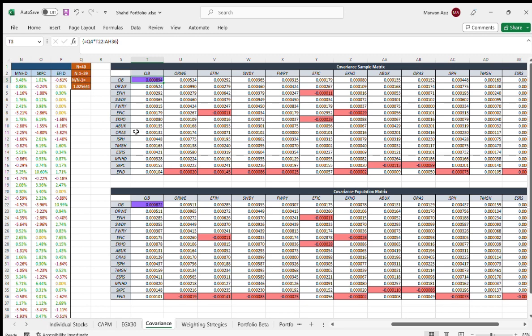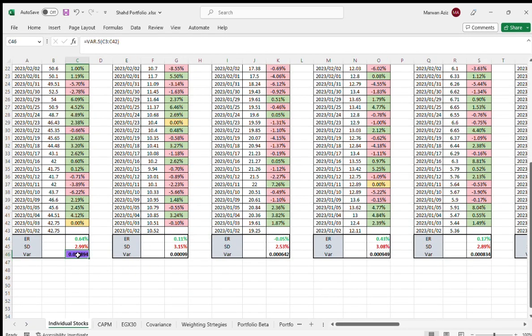I multiplied this fraction by all of this covariance to get the adjusted covariance for each stock. So as we can see here, the covariance for this stock ended by 894, and here for the same stock, which is the CIB, it was also ending by 894, so it was correct.